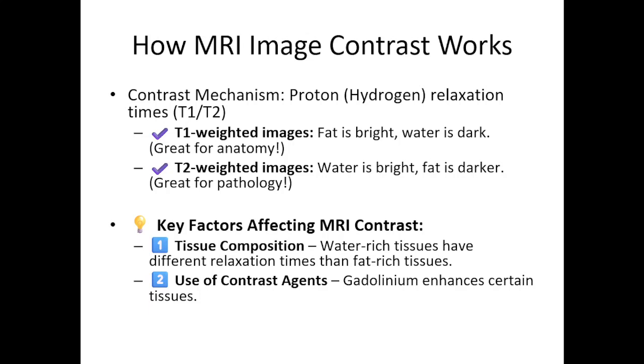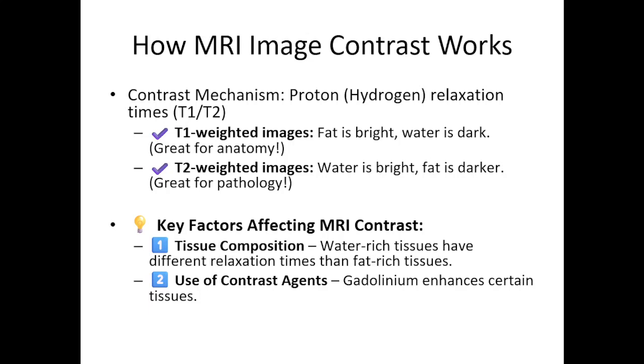The two main MRI contrast mechanisms are T1 and T2. On T1 images, fat is bright and water is dark. And on T2 weighted images, it's reversed. These contrast differences result from native tissue hydrogen characteristics, which can be enhanced or suppressed using different pulse sequences.